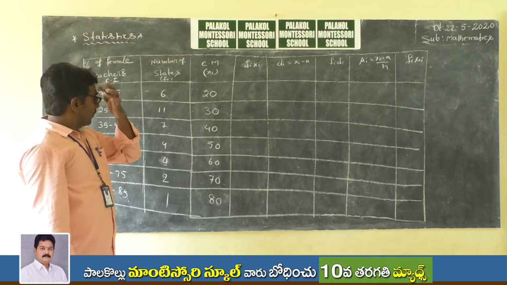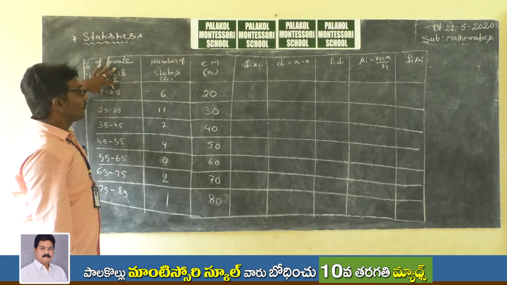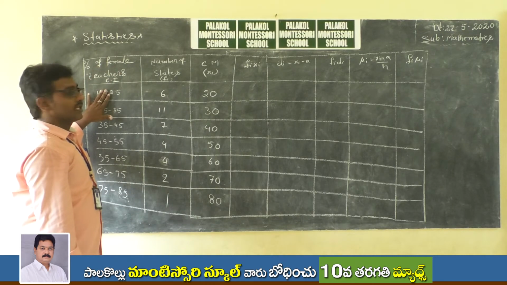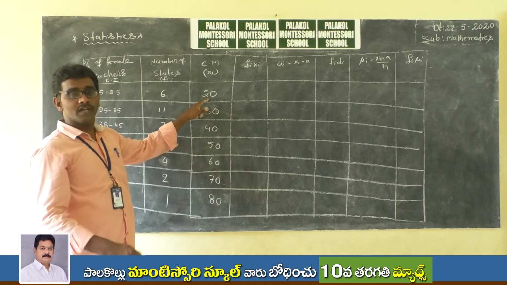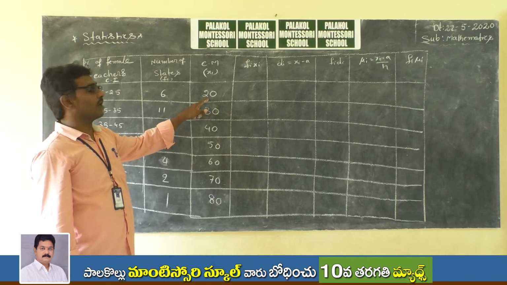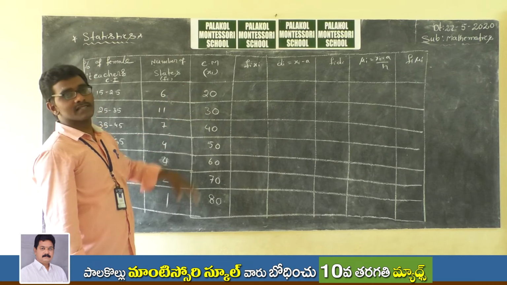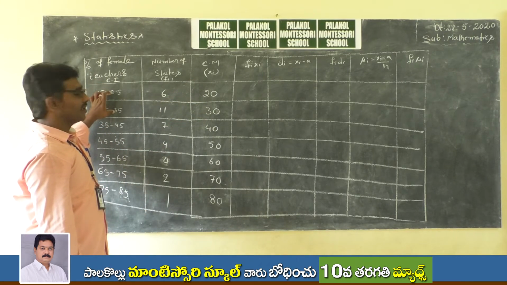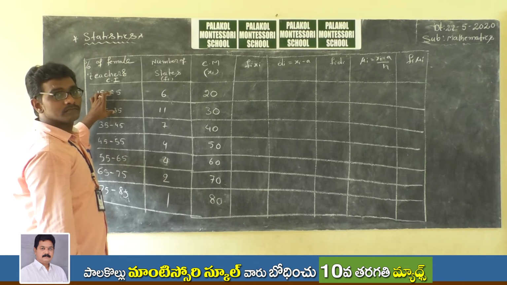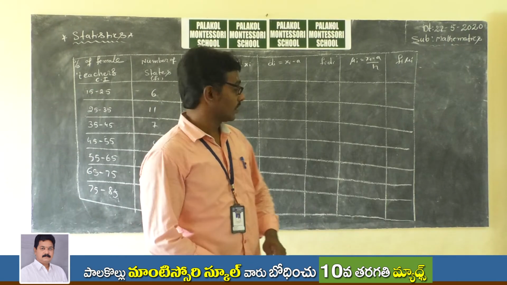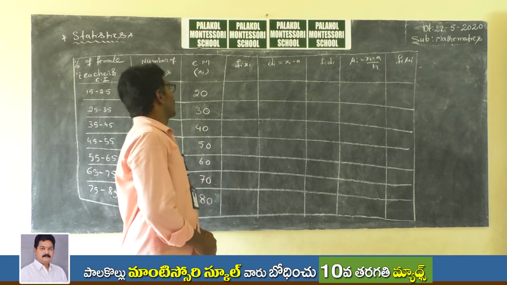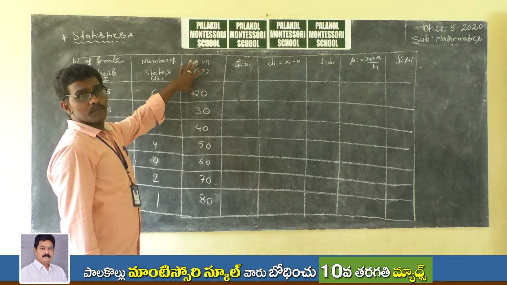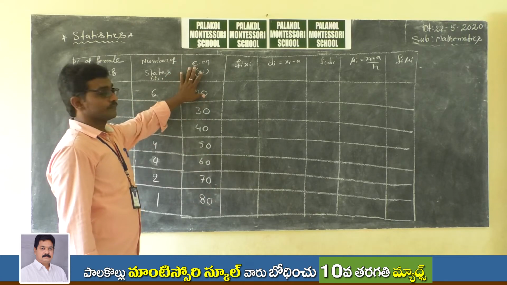Once again, first you find the class mark of the first class interval, that is 20. Then to find the next class mark, just add the class size. 30 minus 25, the class size is 10. Okay guys, so you fill up the class mark column.